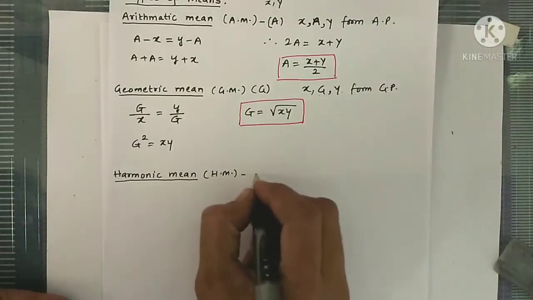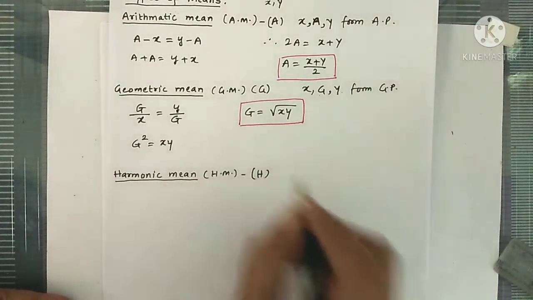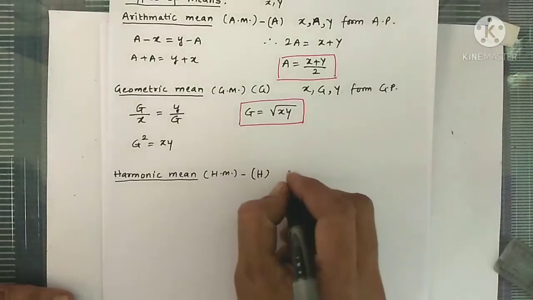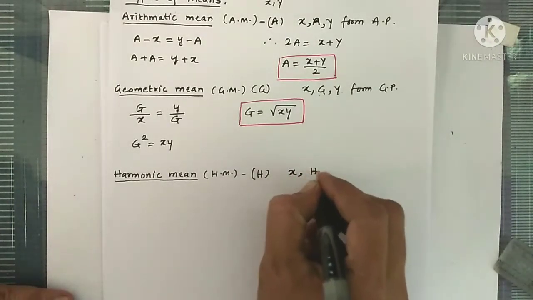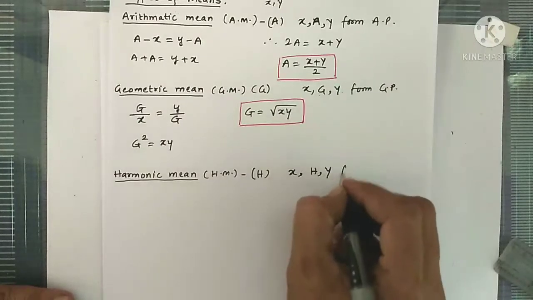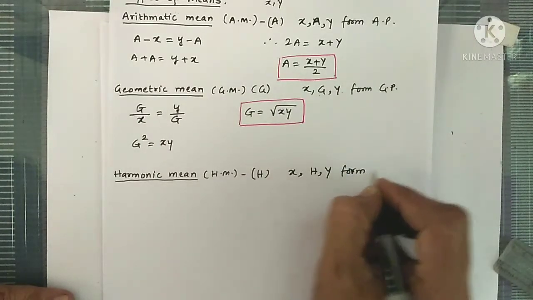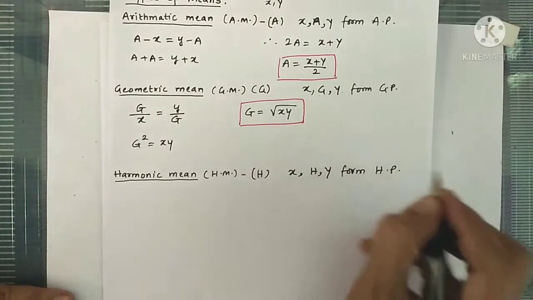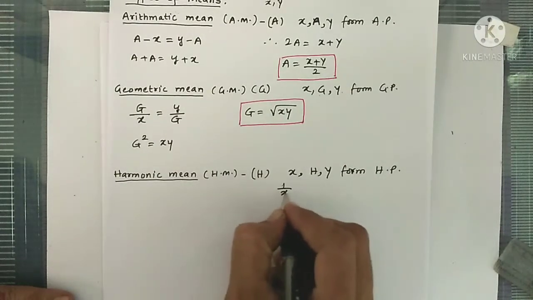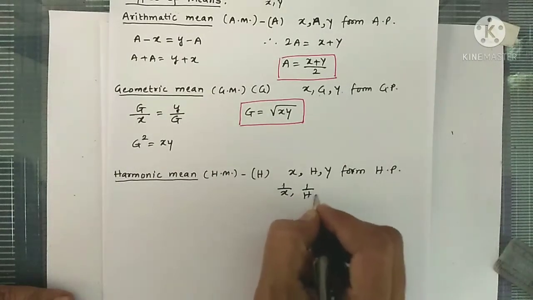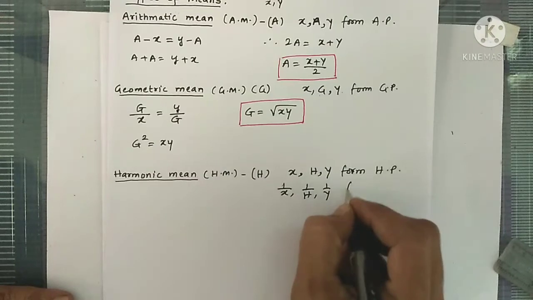Next is harmonic mean, H. Now x, H and y form harmonic progression. Means what? If we take the reciprocal, 1 by x, 1 by H and 1 by y, then the reciprocals form an AP.